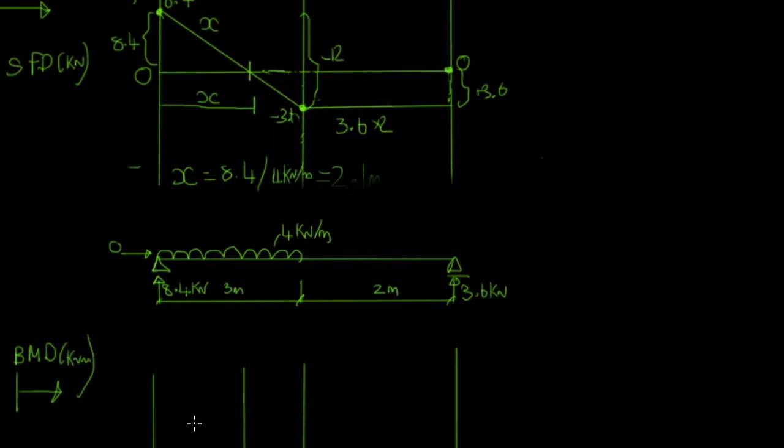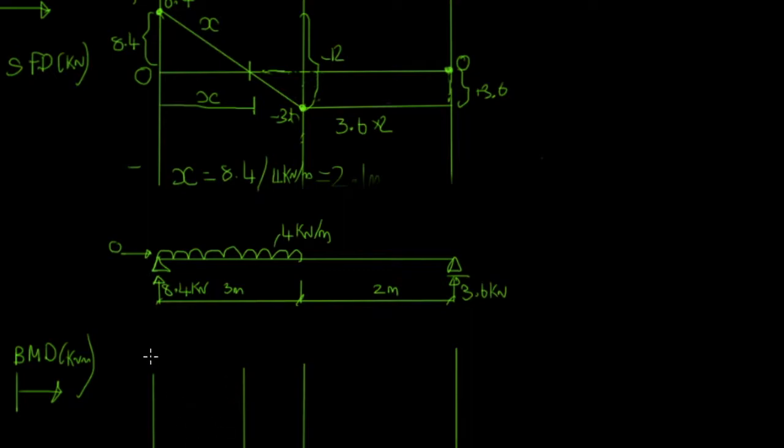I set up the same grid again as before, but this time we've got 4 points of interest. So we've got our reactions at both ends. We've got the same point of interest here where our line load ends, and we've equated an extra one from this point here in our shear force diagram where the shear force goes to 0, which is a point of interest in our bending moment diagram, because we know that's where we're going to have a peak in bending moment.